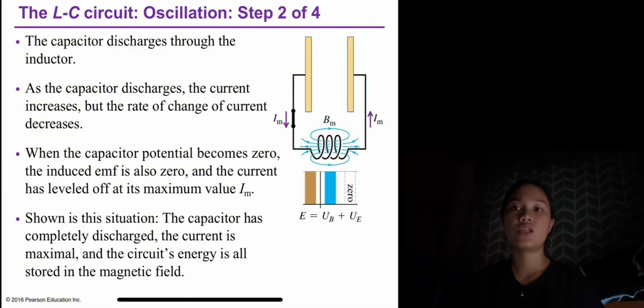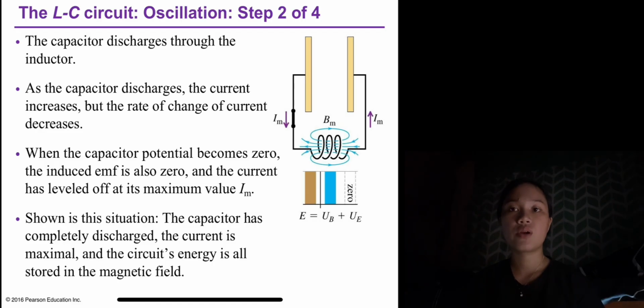Energy is gradually transferred from the electric field to the magnetic field. This transfer happens smoothly and continuously. During this stage, the capacitor voltage decreases, and at the same time, the current in the circuit increases.